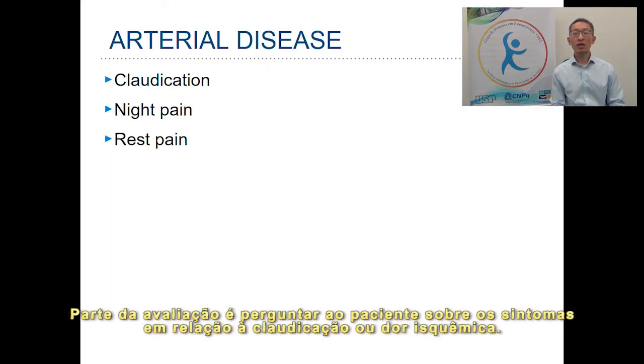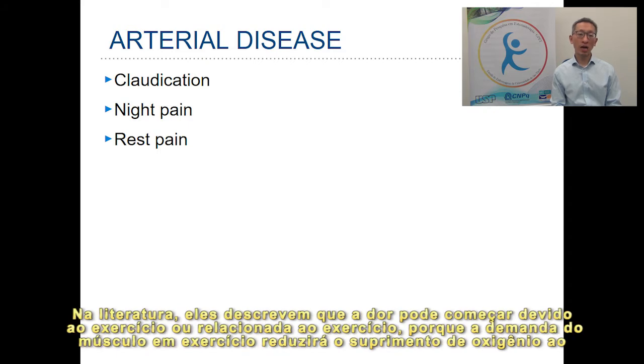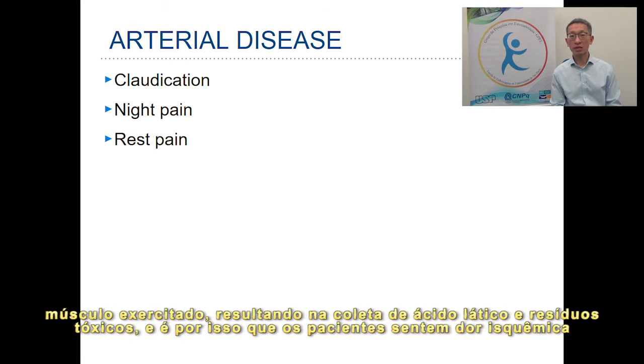Part of the evaluation is to ask the patients about symptoms in relation to claudication or ischemic pain. In the literature, they describe that the pain may start upon exercise, because the demand from the exercising muscle outstrips the supply of oxygen, resulting in collection of lactic acid and toxic waste, and that's why patients experience ischemic pain.